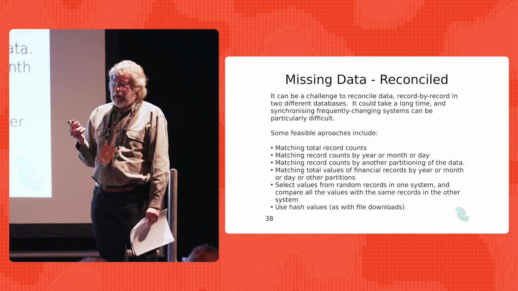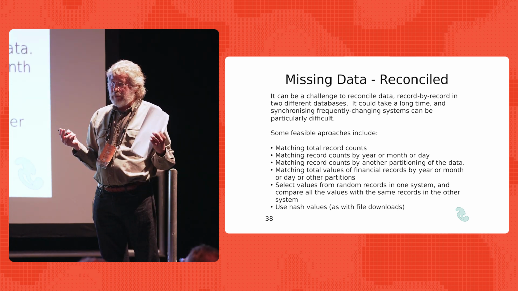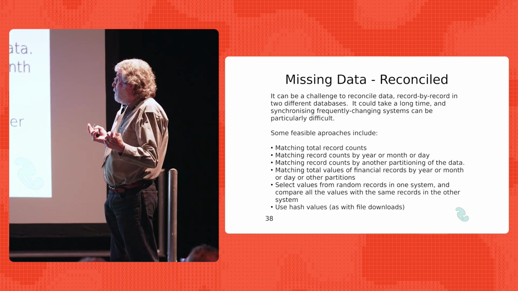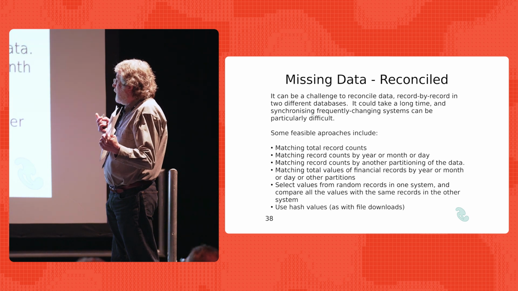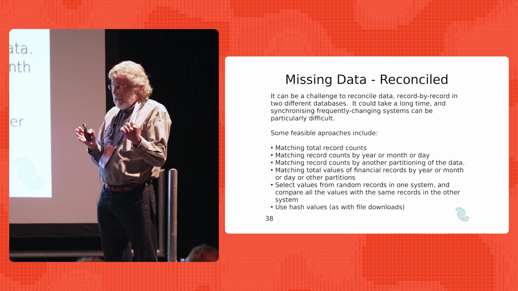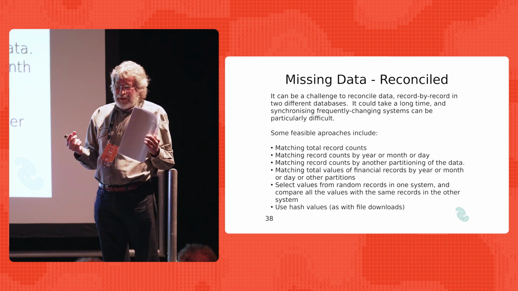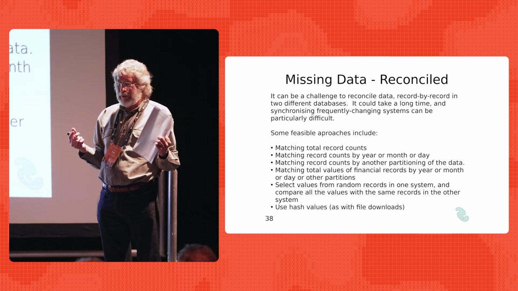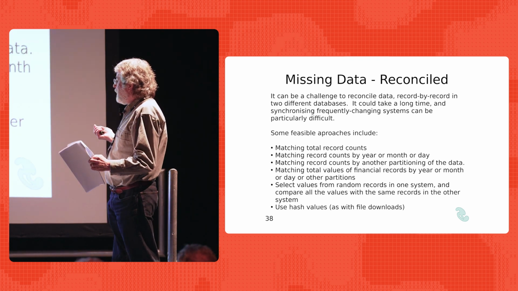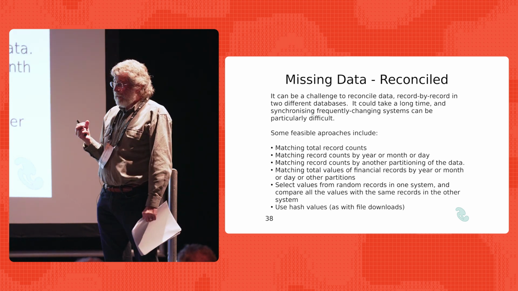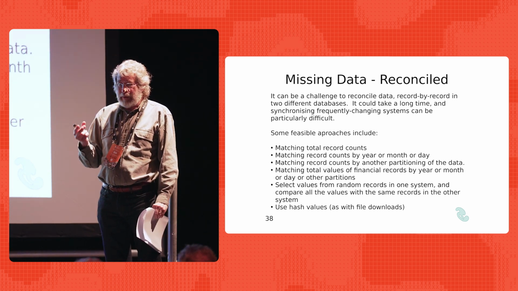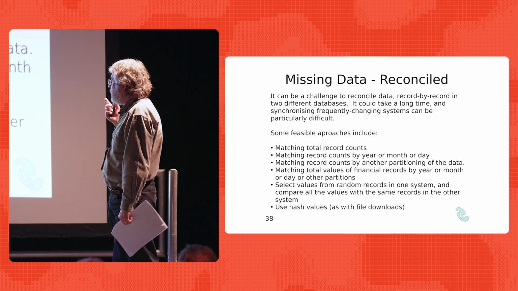It can be a challenge if you've got two different data sets in different systems. And especially if they're changing, if you can get a kind of synchronization point, then at least count the records. Did you get the same number as you started with? But you can be much better than that. You can count by some partition of them, like the year they were created or the month they were created, whatever.